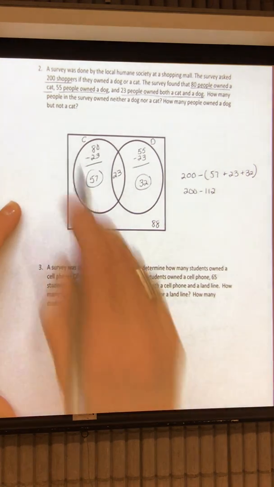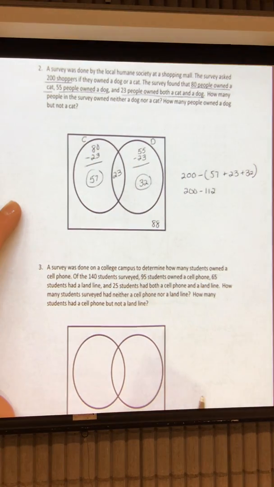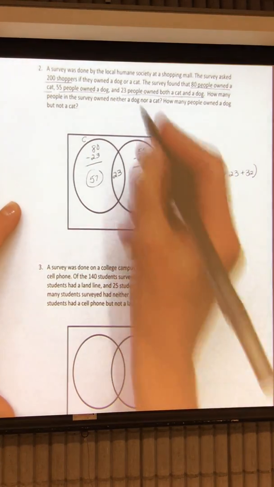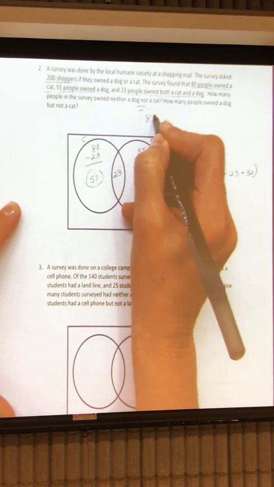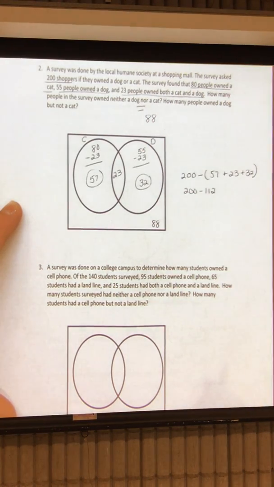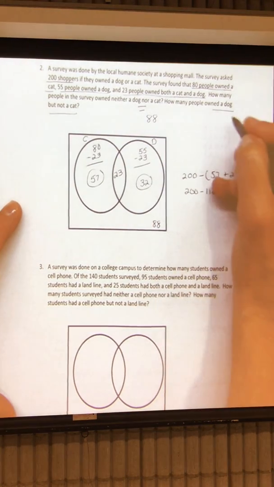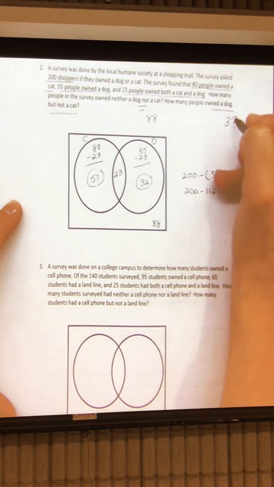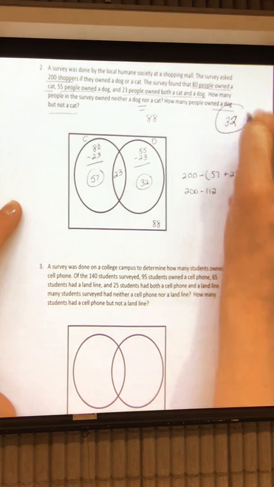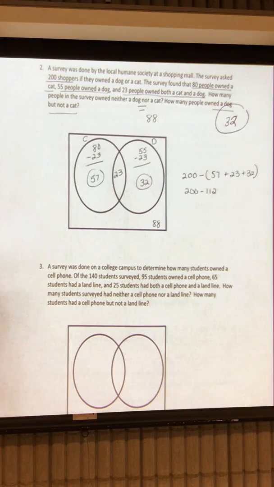So therefore, how many people in the survey owned neither a cat nor dog? And that is 88. And how many people owned a dog but not a cat? And here we have 32 people, 32 people owned a dog but not a cat.